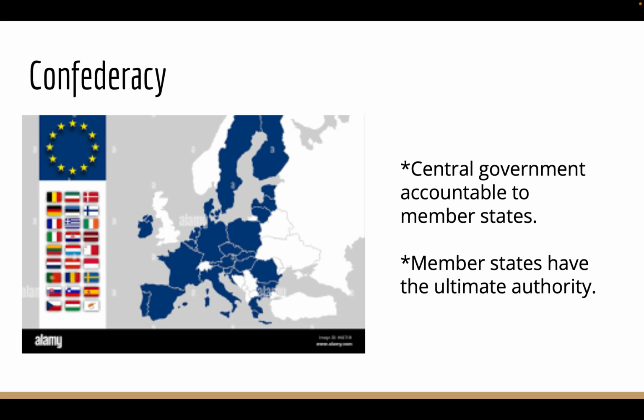Confederacy: the central government is accountable to the member states. The member states have the ultimate authority. In this case, these aren't considered local governments. They're actually sovereign countries, and they created this central government. Most of the countries in the European Union are the size of some of our states.